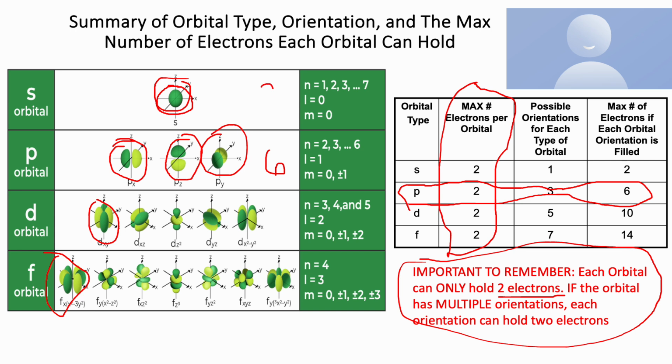So we have 6 electrons here, we have 2 electrons here. Now, I'd like you to think about if we can hold 2 electrons per orbital, this is 2, 2, 2, 2, and 2, we have how many electrons? 10 electrons.